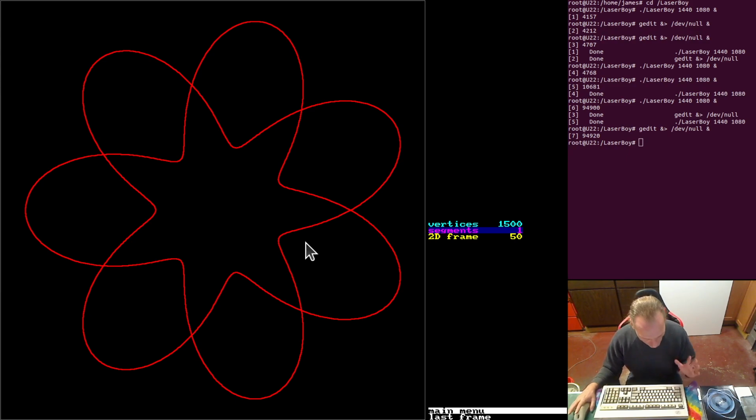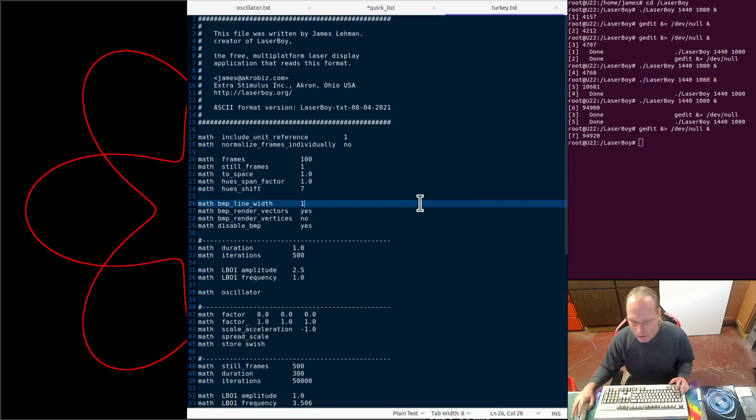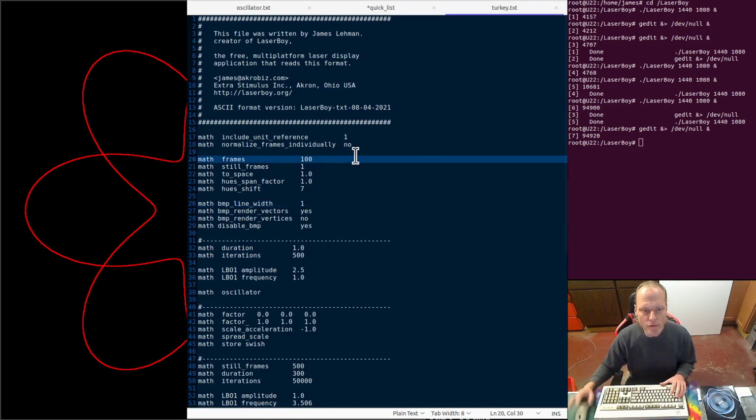Okay, now, starting with this concept, let's look at something that's a lot more complicated. This is also one of the example text files that comes in the TXT folder. This one generates an animation ultimately, and I'll show you what it looks like.